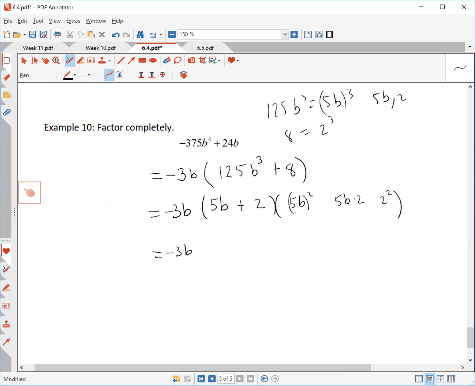Same sign, opposite sign, always positive. Ooh, you caught me. Good job. When I factored that negative out, there needs to be a minus sign.